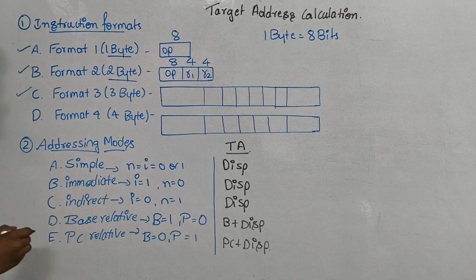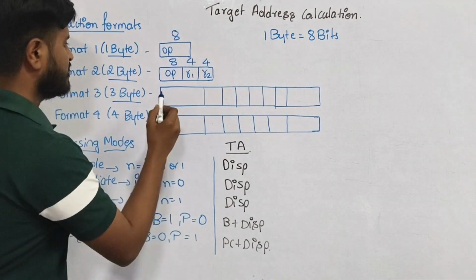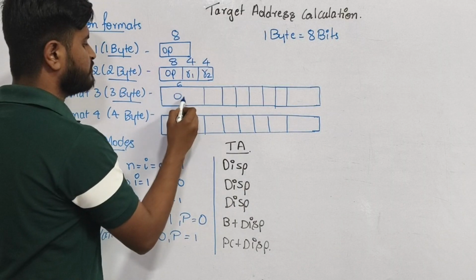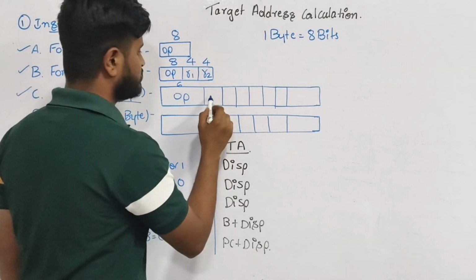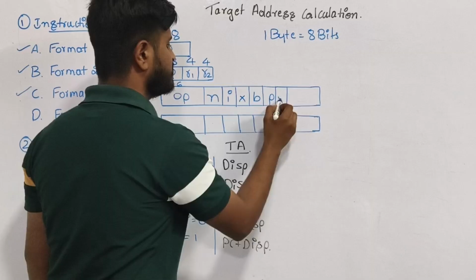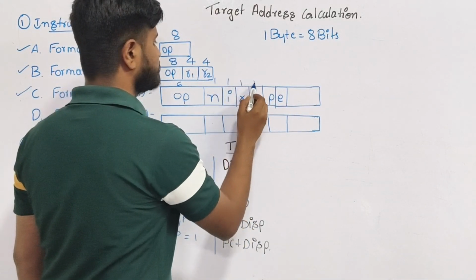Next, format 3 will be of 3 bytes. 3 into 8, 8 3s are 24. In that 24, the first 6 will be occupied by the opcode, and there will be flags like n, i, x, b, p, e. They will take 1 bit each.